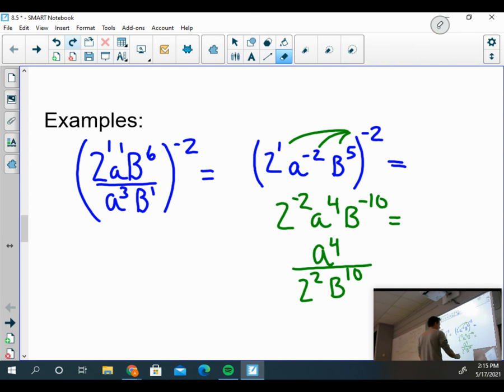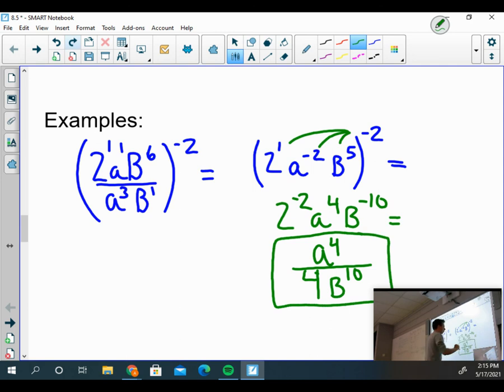Move my negative exponents to the denominator, and I simplify 2 squared to be 4. So again, different ways of thinking about the problem and solving it. I don't care which way you go about it. I just ask that you follow the exponent rules correctly.